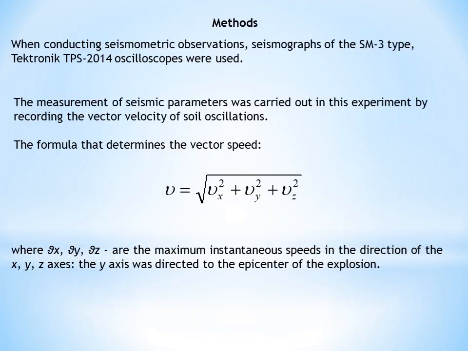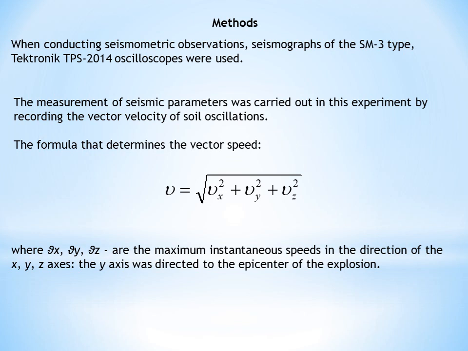As you know, the main environmental criterion of the seismic hazard of an explosion is the density of the seismic wave, which can cause damage to the structures of buildings. The magnitude of the vector velocity determines the density of the energy flow. Therefore, as a characteristic of energy, it is directly related to the conditions of damage to structures.